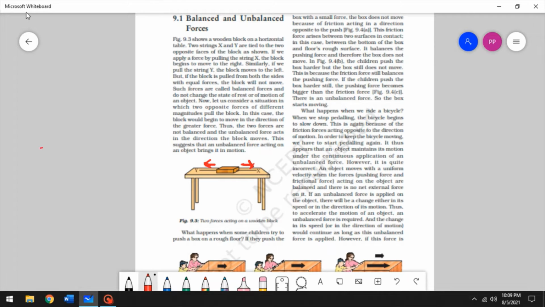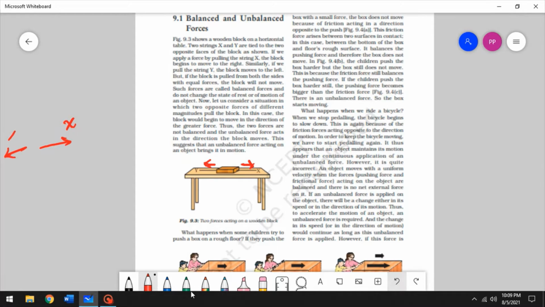Right now let's think about it mathematically. If there is x amount of force being applied on the right side of the object, and the same amount, x and x are the same, is being applied on the left side, they're balanced forces, so they don't cause any change.